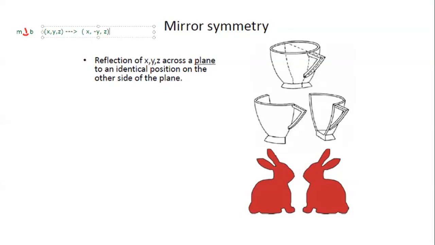For axes, if you picked up on it, 2 coordinates become negative because an axis is 1 dimension. So that means only one coordinate is not going to change. Whereas a mirror plane, since it's 2 dimensions, a plane, that means 2 coordinates aren't going to change, only one of them. So whenever you say a mirror plane perpendicular to an axis, whatever axis it's perpendicular to is the one that's going to change sign.